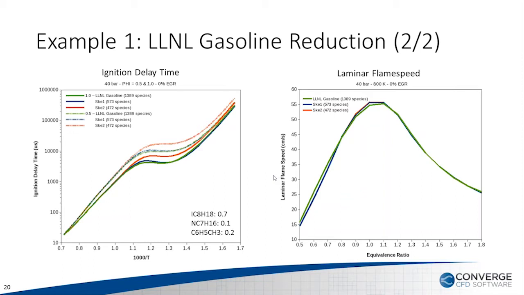This is simply because for the 500 species skeletal mechanism, we used tighter tolerance. So this is one way to tell you: if your engine running conditions, or the conditions you are interested in, are not near the NTC area, then it's 100% okay to use the 400 species mechanism. But if you have a lot of conditions in the NTC area, then you basically have to stay with the 573 species mechanism.